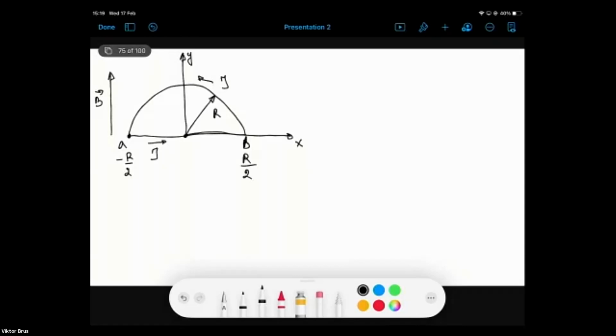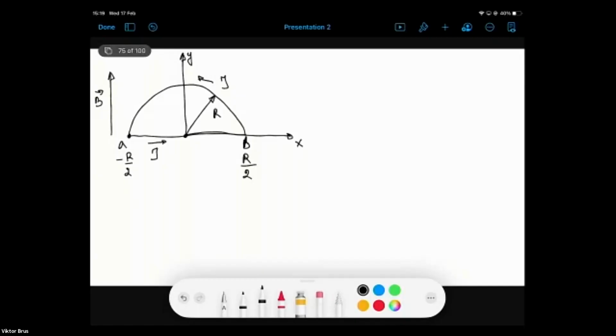Can I ask why? Because isn't it just R? Because it's the radius. You start from the origin and then go to B. Same radius. Yes, sure, you are right.